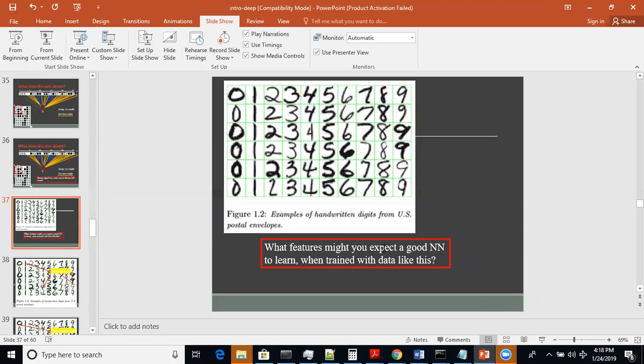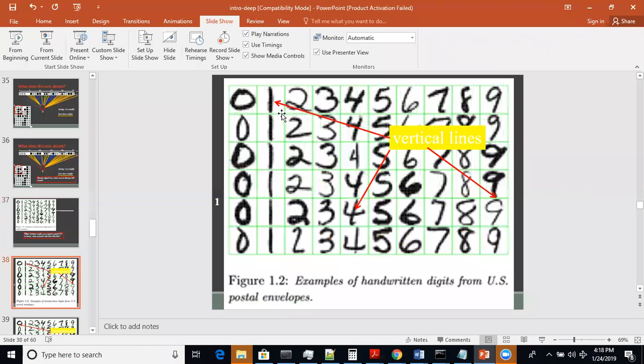So what features might you expect a good neural network to learn? Let's say vertical lines. This one looks like a vertical line, correct? The 4 might again be taken as a vertical line, and this 9 is again a vertical line.